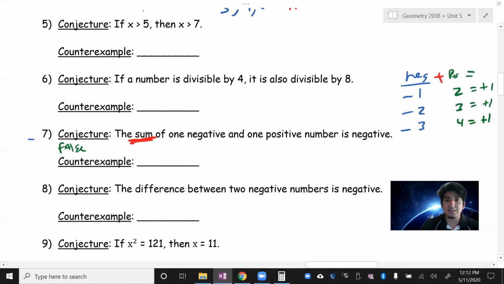Because why? Because I picked a negative number, which is like -1, and then one positive number, I picked +2, and when they add them, it becomes a +1 instead of negative. Okay, so that's my counterexample right there. So I'm going to say -1 and 2.